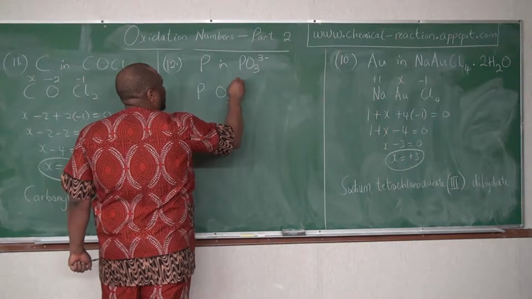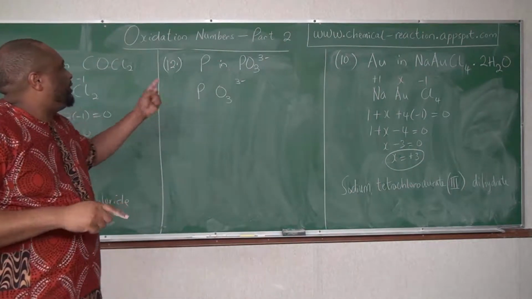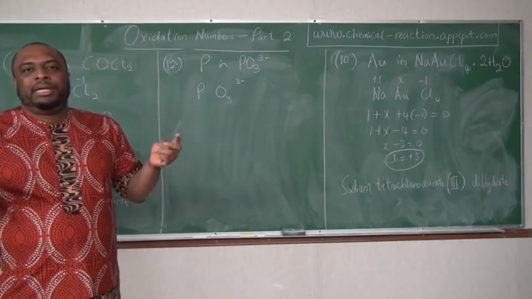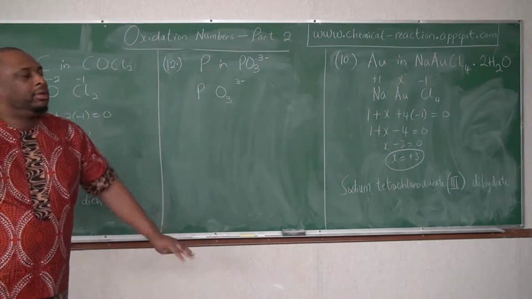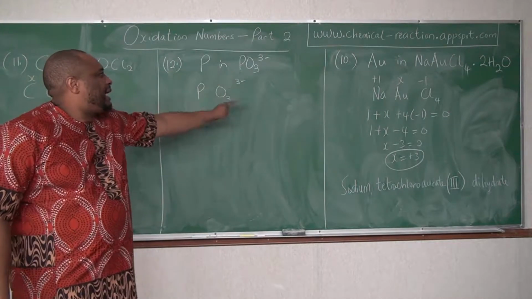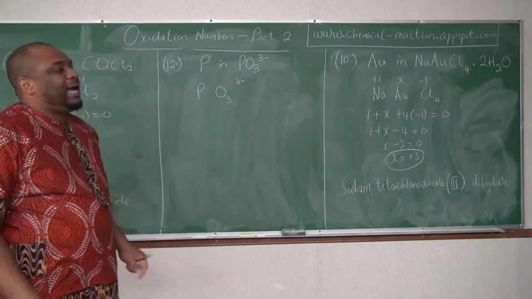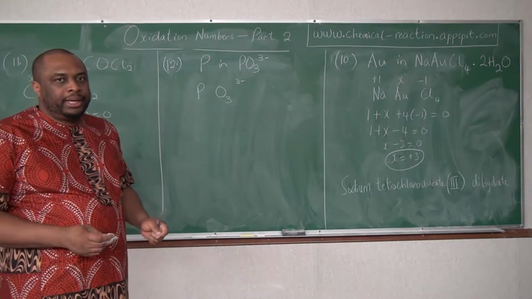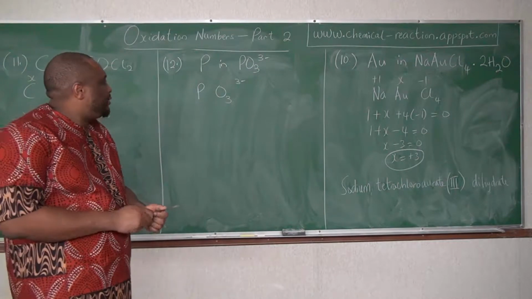Now remember what we said, that this is an ion, and in part 1 of this video we said that the oxidation number of the compound is 0, but the oxidation number of this ion is the ionic charge, the charge on the ion.